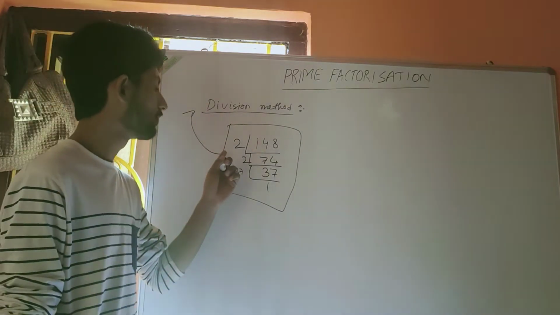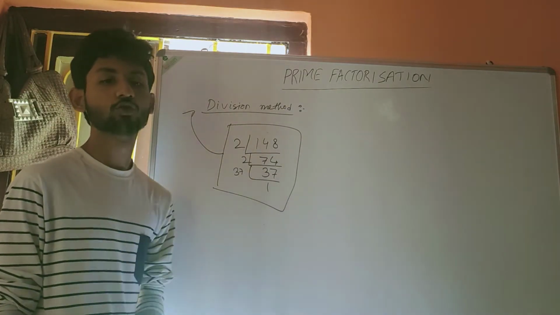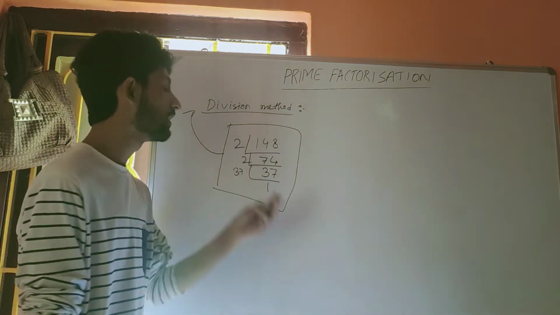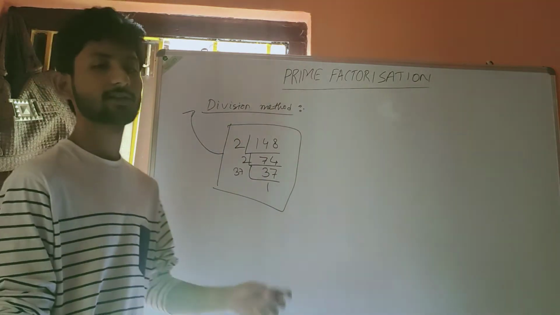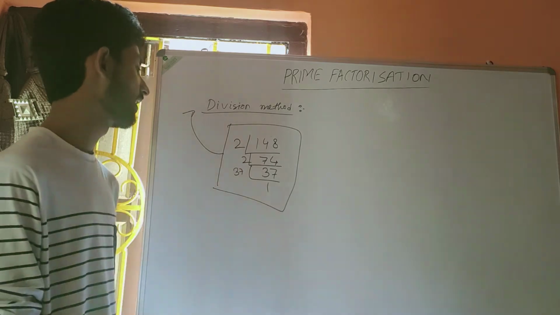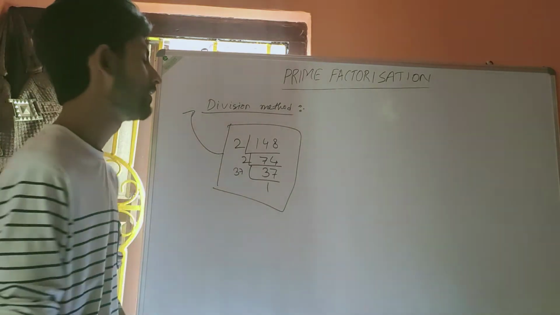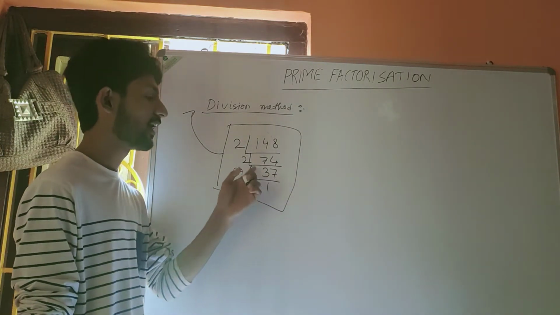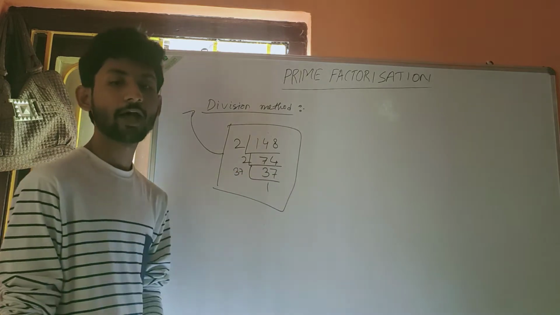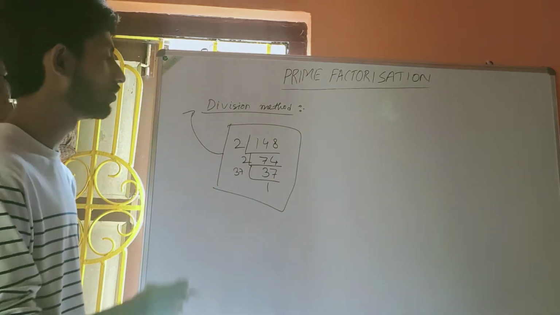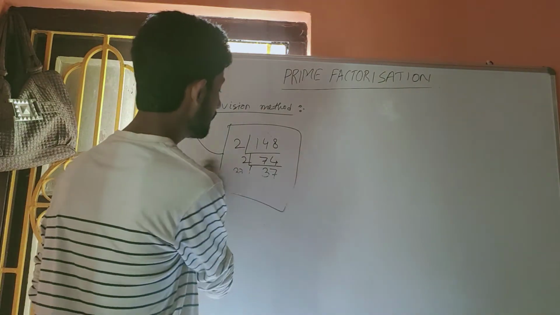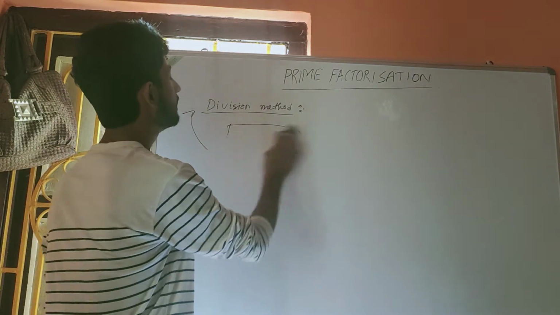Look, 37 cannot go with 2, 3, 5, 7, 11, or 13. That's why 37 is a prime number, and that's why we took 37 alone.